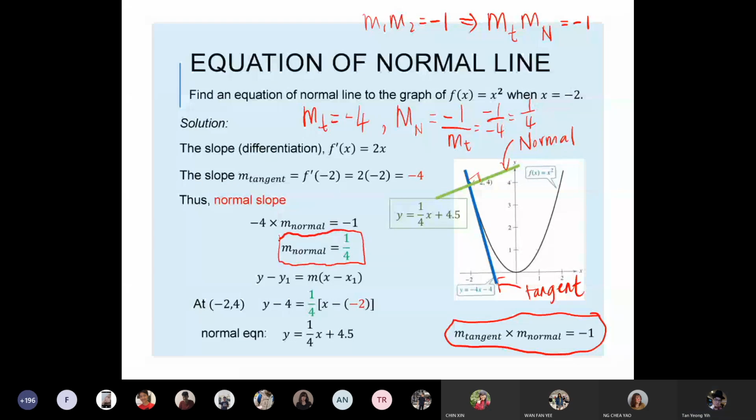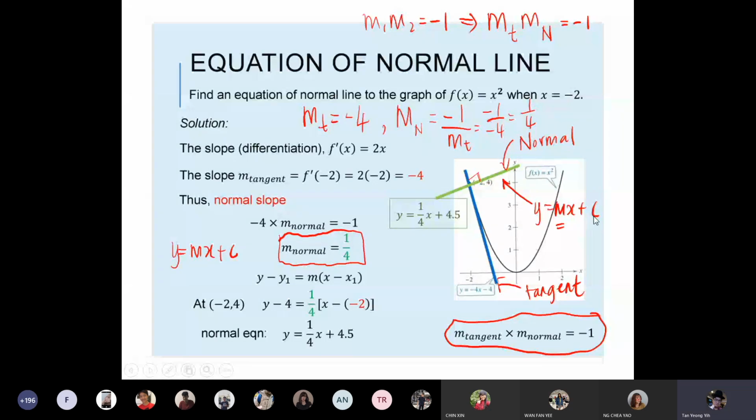Now again, the normal line is a straight line, so we know the equation must be in the form y equals mx plus c. We already found the m.